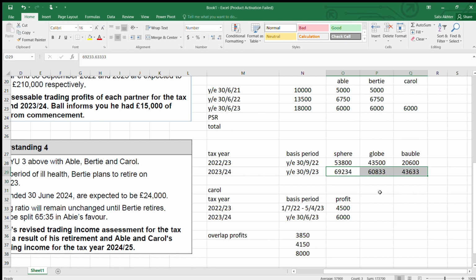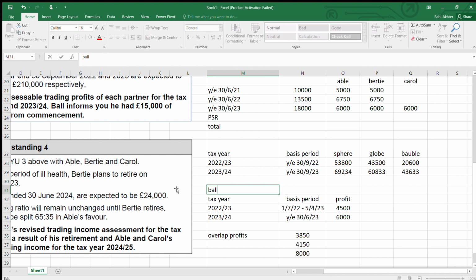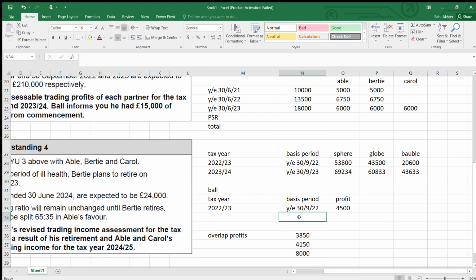Now, what about Paul? Closing year basis. So for him, tax year 22-23. He is not there for 23-24. This is for year end 30th September 22. When is the period end? Period ended 31st March 23.